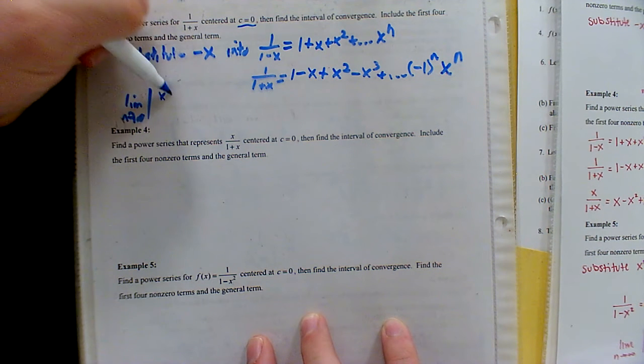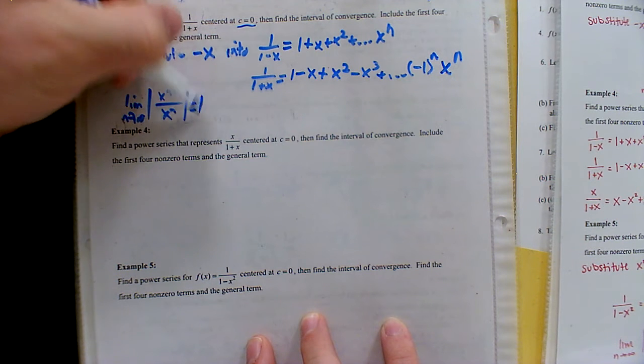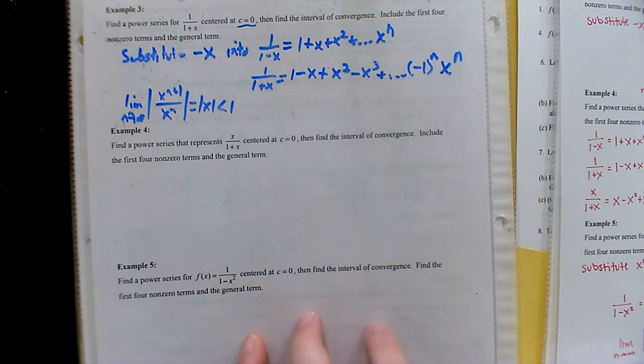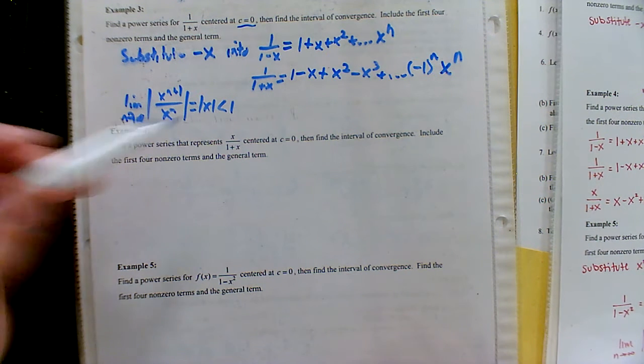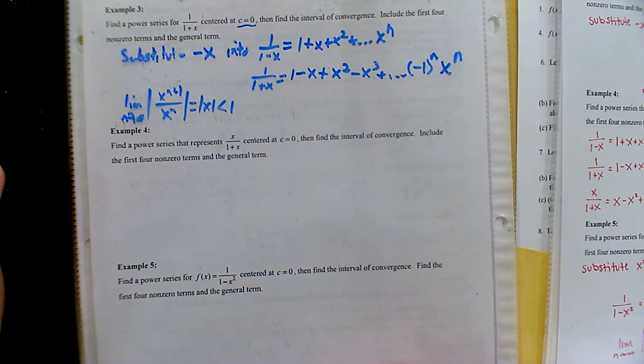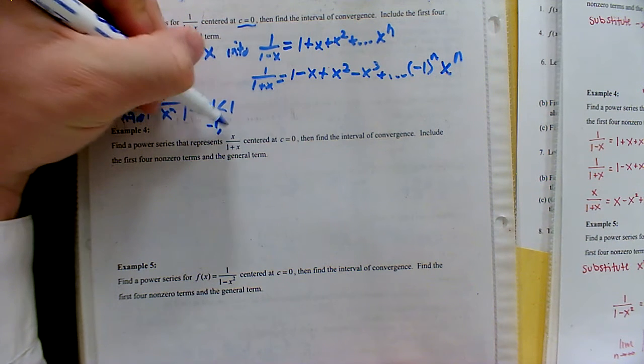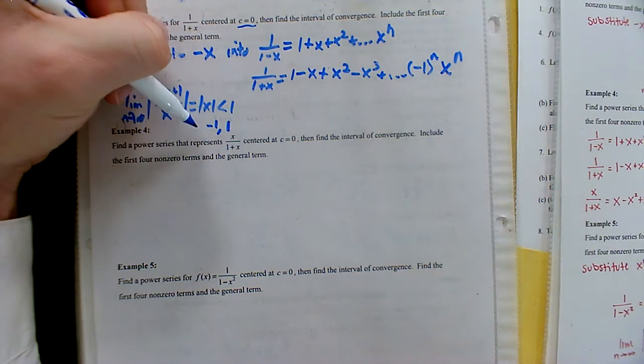So you're doing x to the n plus 1 over x to the n again, which is x, so the absolute value of x, but you still have to check your endpoints now. So this is the same, our radius is 1, the center is at 0, so we know the interval is going to be negative 1 to 1, but we don't know parentheses or brackets yet.